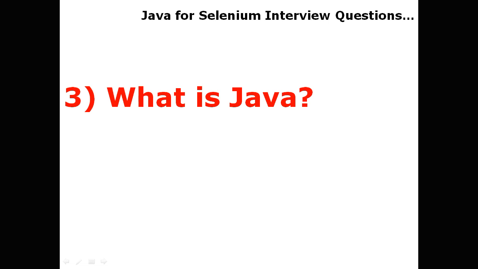Using Java, we can develop virus-free and tamper-free systems. Anyhow, the primary purpose of Java is software development, which is not our purpose. Our purpose is the secondary purpose, that is test automation. We need not focus on software development using Java, only automation.